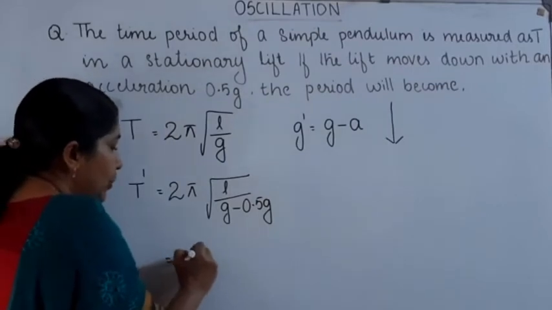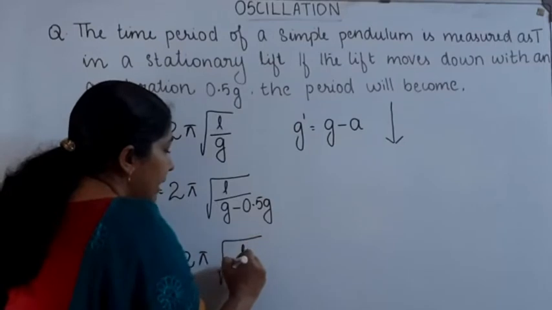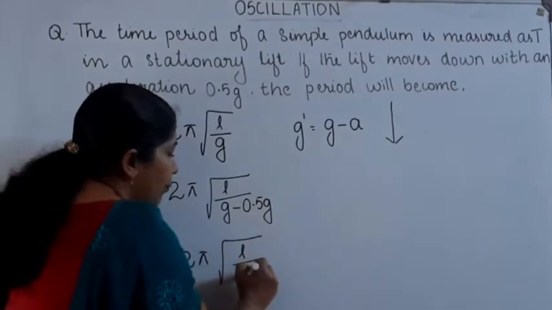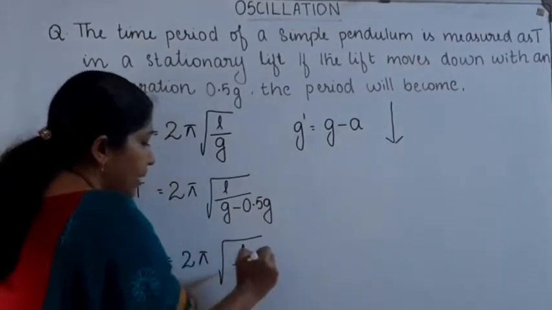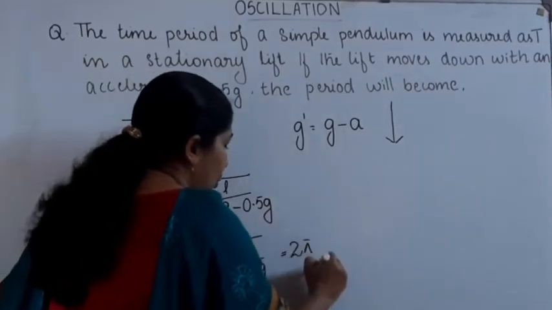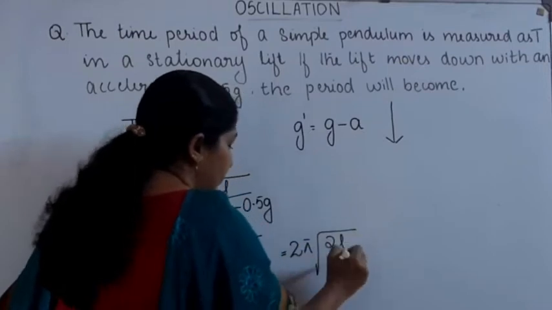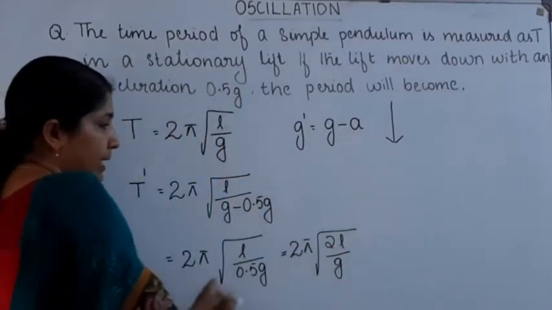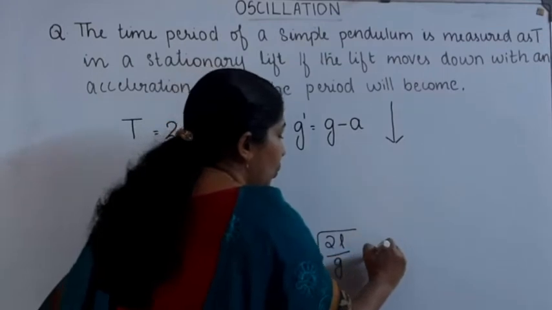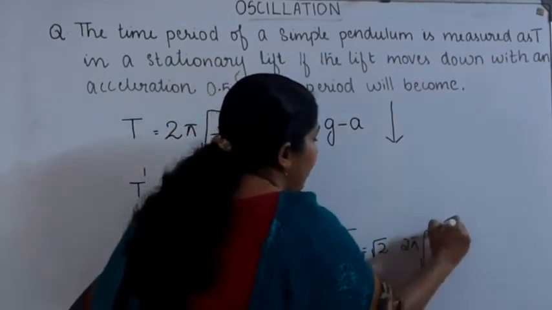That is equal to 2 pi root of L divided by 0.5 g, which is equal to 2 pi root of 2L divided by g, that is root 2 into 2 pi root of L by g.